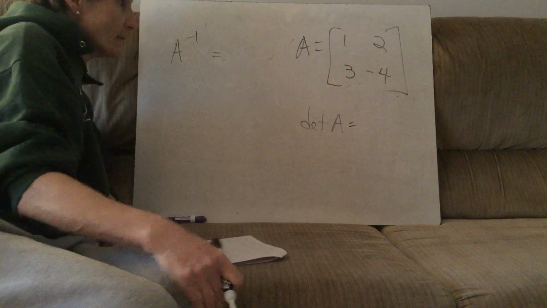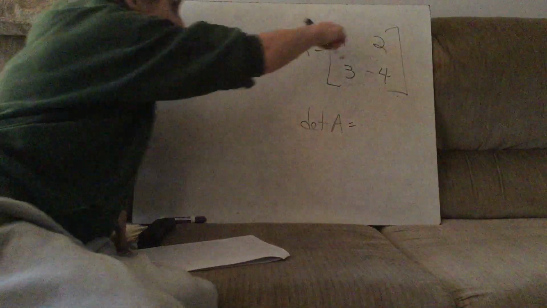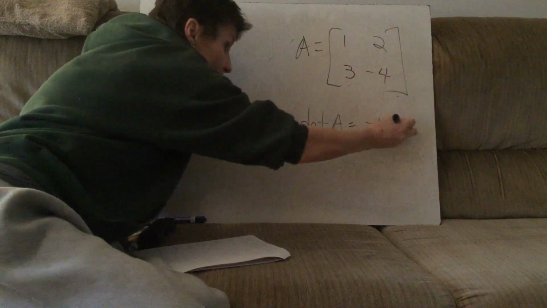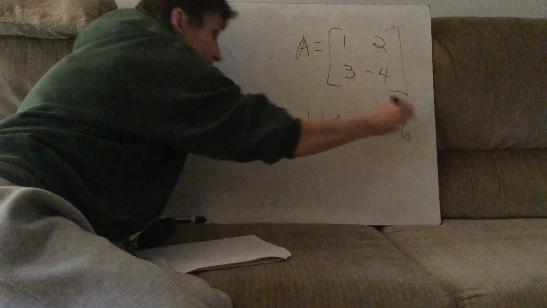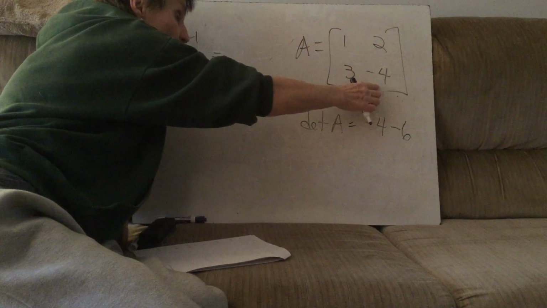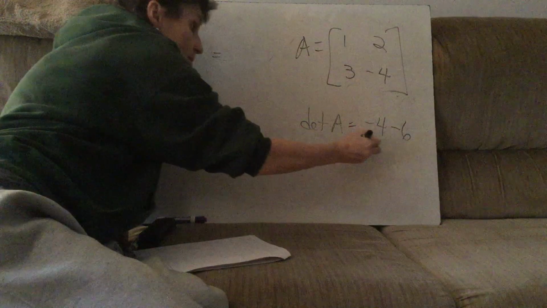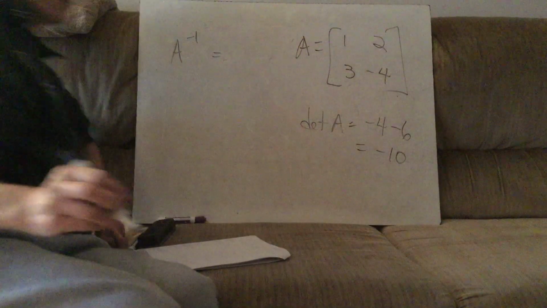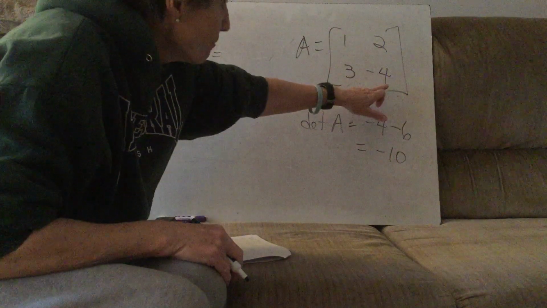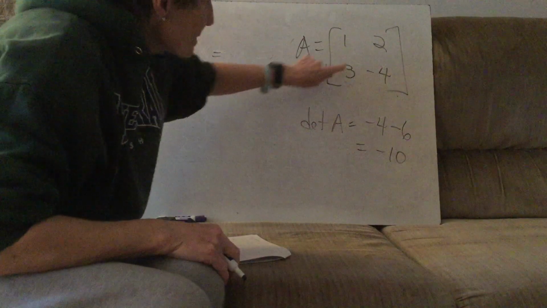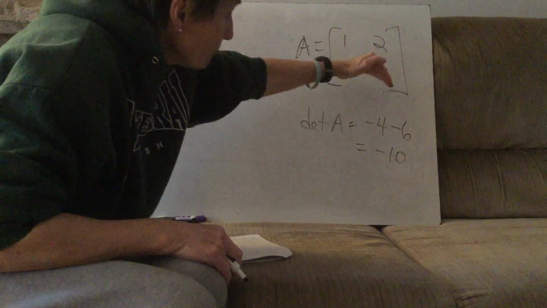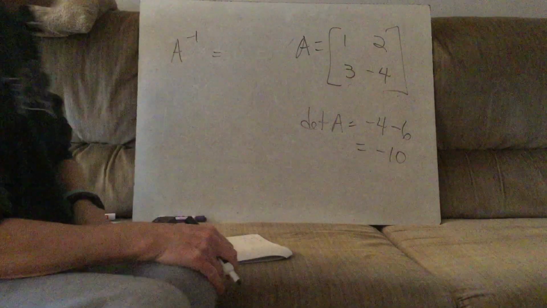So the determinant of A is 1 times negative 4 minus 3 times 2, which is negative 4 minus 6. So the determinant is negative 10.